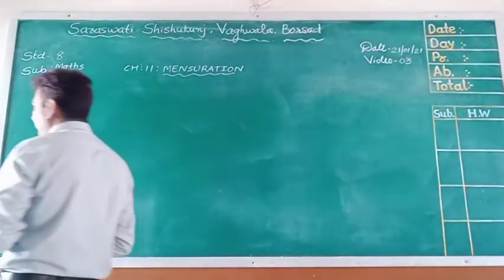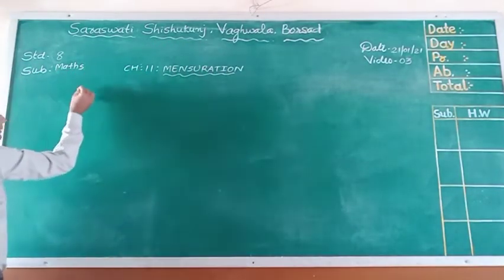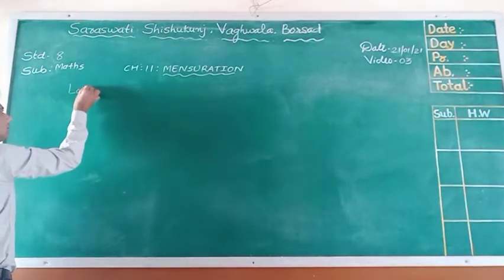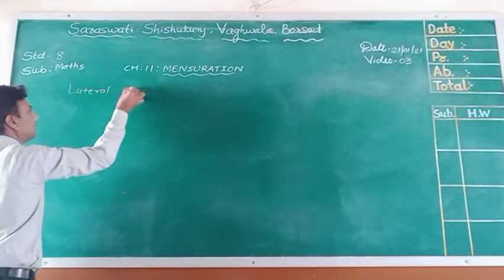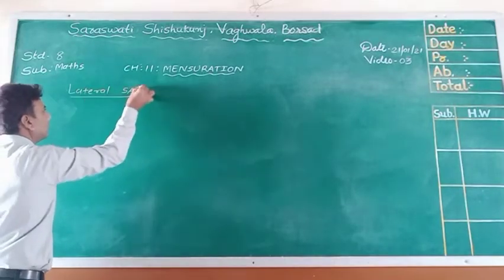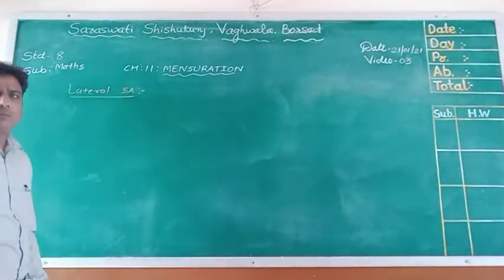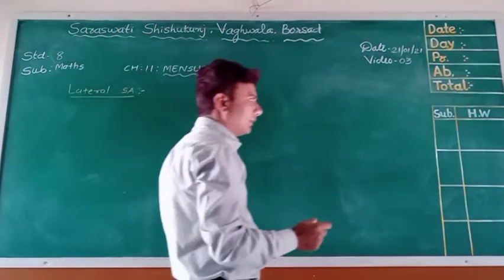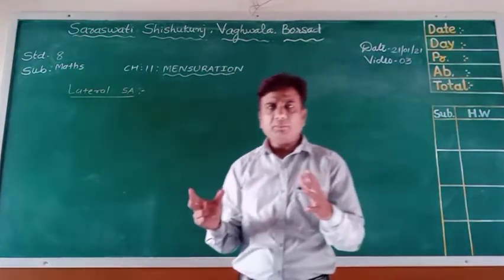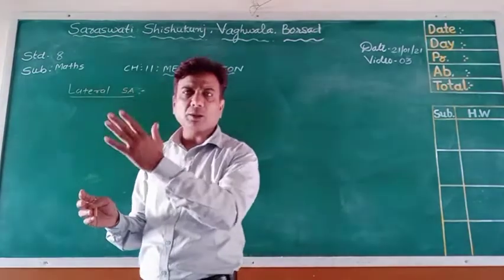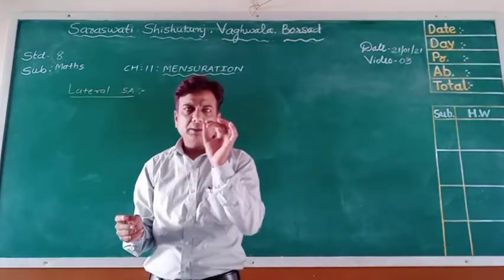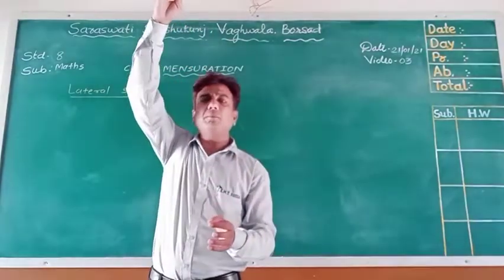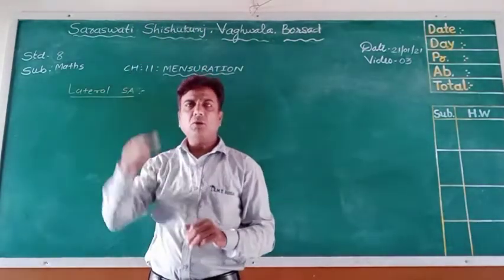See, first, lateral surface area. Our new topic is lateral surface area. First of all, what is the meaning of lateral surface area? Lateral surface area is the total surface area of a cube or cuboid where we simply remove the top and bottom.